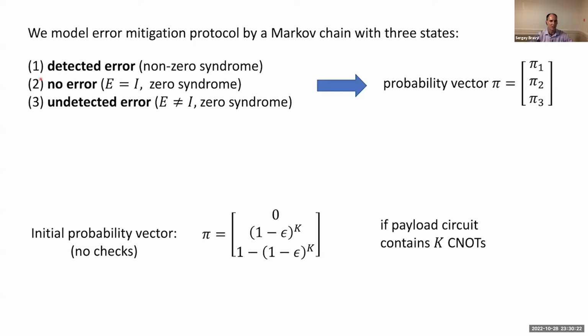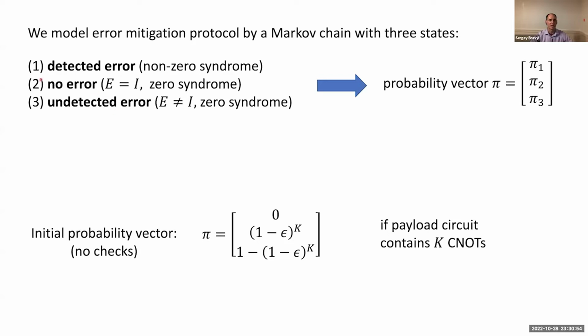State two means that we have zero syndrome on all checks, and there is no error in the payload circuit. And state three means that we have zero syndrome, but there is an error in the payload circuit. In other words, we have an undetected error. But we may have a chance to detect this error later by the next Pauli checks.